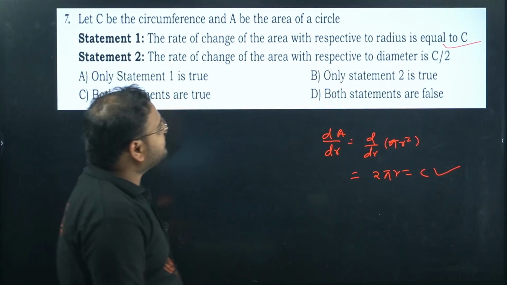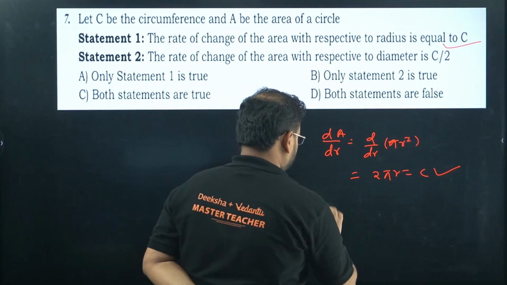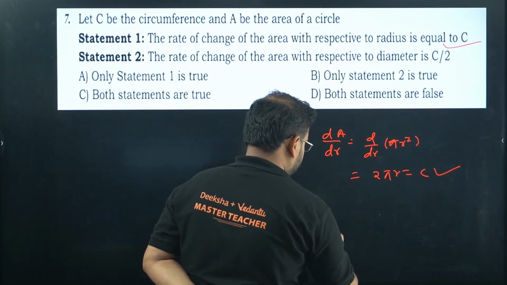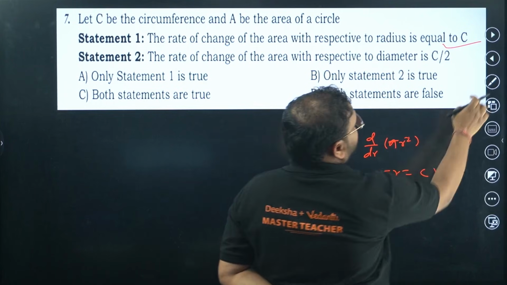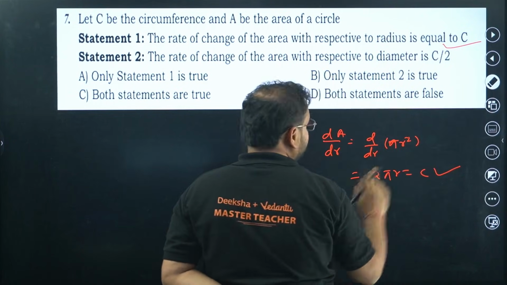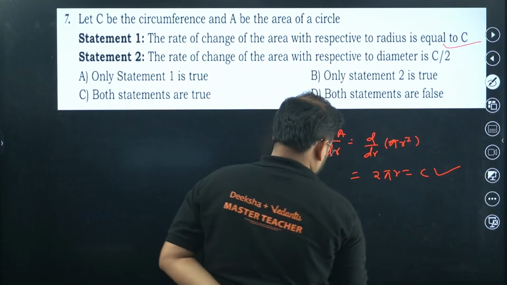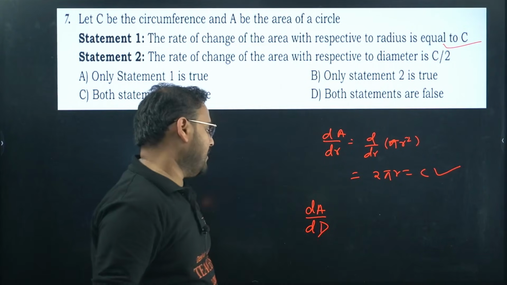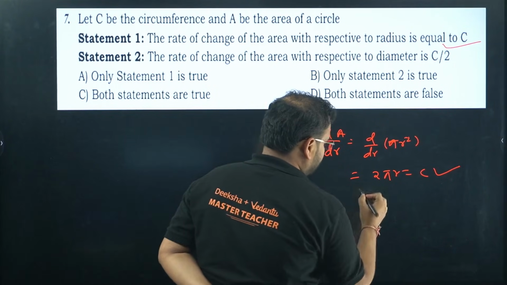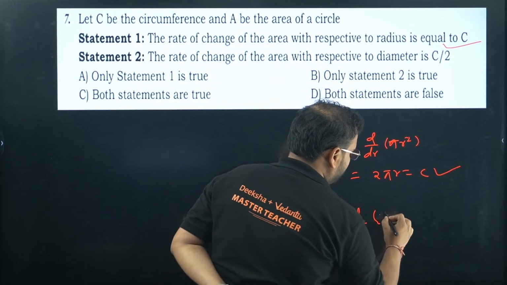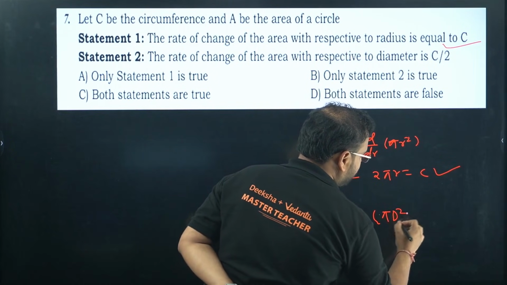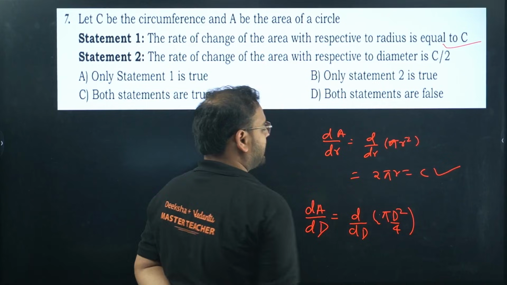Rate of change of area with diameter, dA by dd. So write the area in that case in the form of diameter. It will be pi d square by 4.